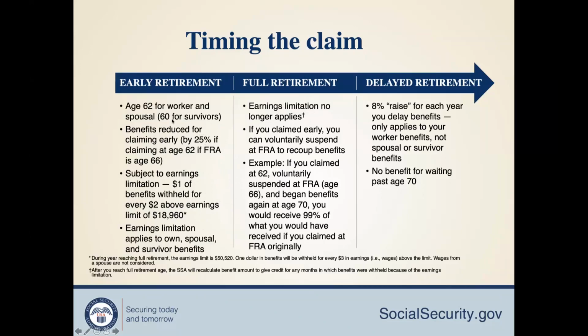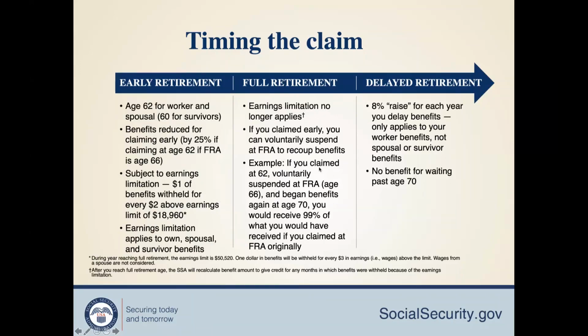If you are not working, then we can put it into the model. So the earnings limitation no longer applies, and that is a big advantage of claiming at full retirement age. If you claimed early, you can voluntarily suspend at FRA to recoup benefits.